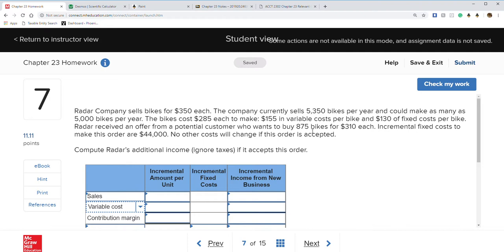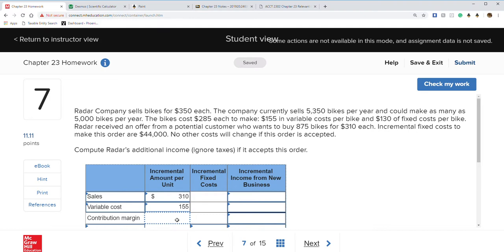Well, this potential customer wants to buy them for $310. Variable cost, it states right here, no other cost will be changed except for the fixed cost. So we look at what our variable costs already are. Happens to be $155.